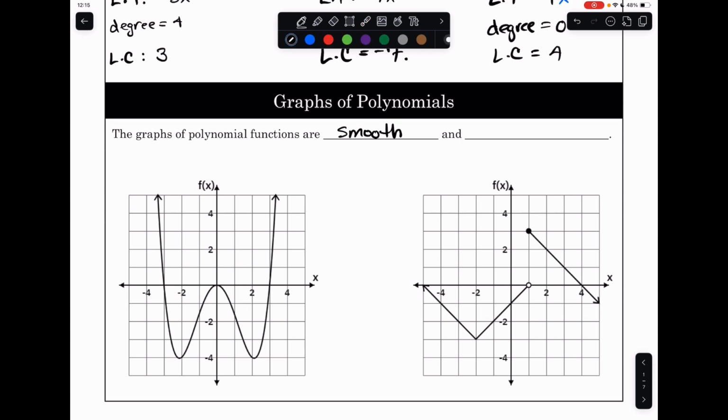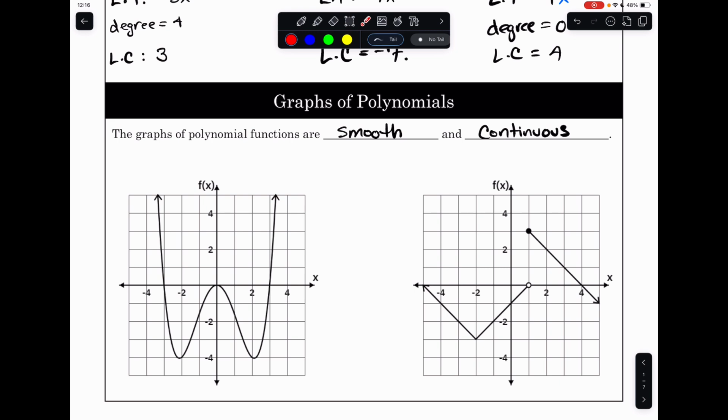The second characteristic is that it has to be continuous, meaning that it needs to be connected from negative to positive infinity, or from wherever the domain is, which can also be interpreted as saying, if I trace this graph, I should be able to trace it using one pen stroke without having to pick up my pen to connect all of the dots.